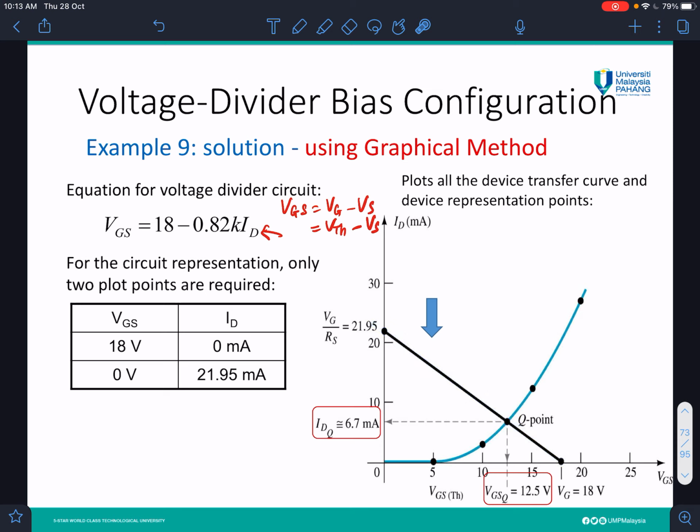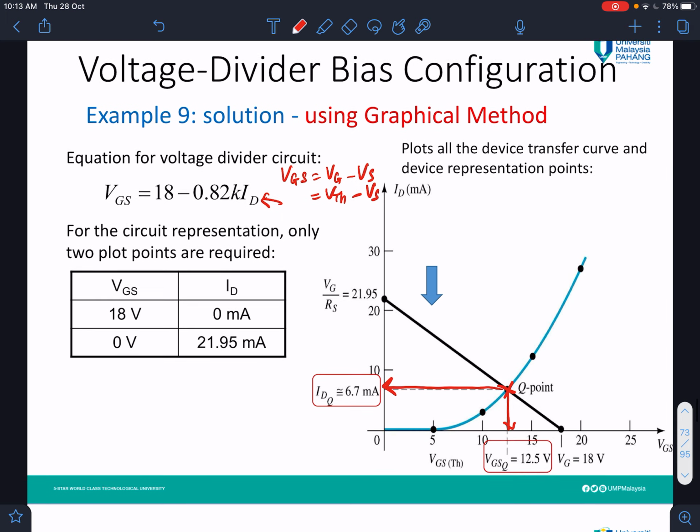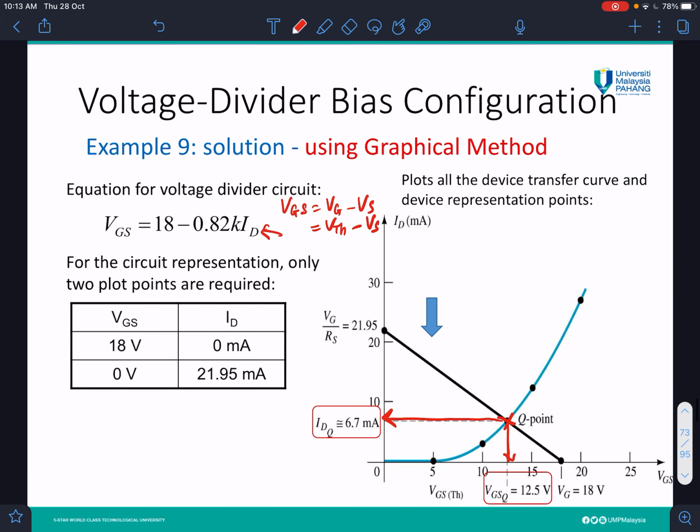You see, this is the Q point, the IDQ and VGSQ. So we get IDQ is 6.7 milliampere and VGSQ is 12.5 volt. That's all for the example of the E-MOSFET, where we have feedback biasing and also voltage divider bias configuration.